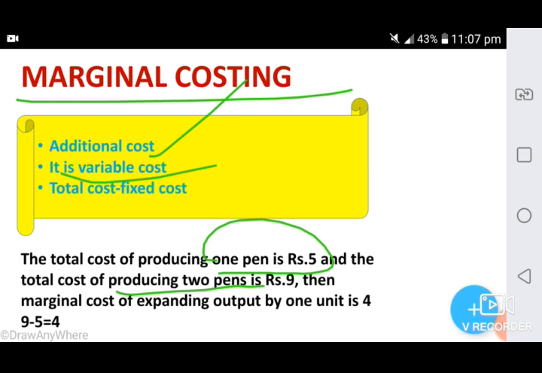The total cost of producing 2 pens is 9, so our marginal cost is 9 minus 5 equals 4. So the marginal cost of expanding output by 1 unit is 4. This is marginal costing: the additional cost or extra expense of producing an additional product, also known as variable cost.